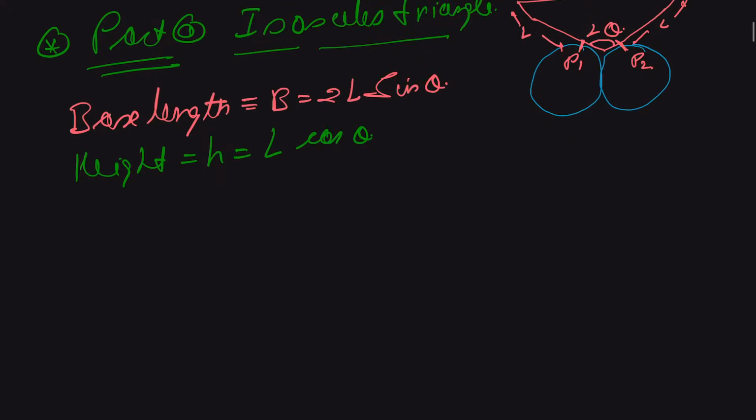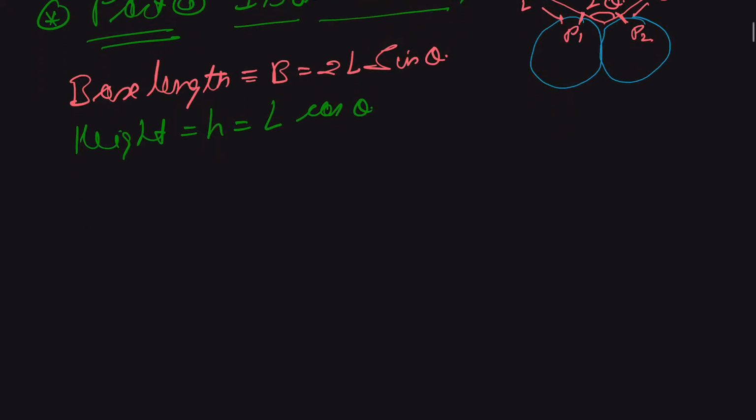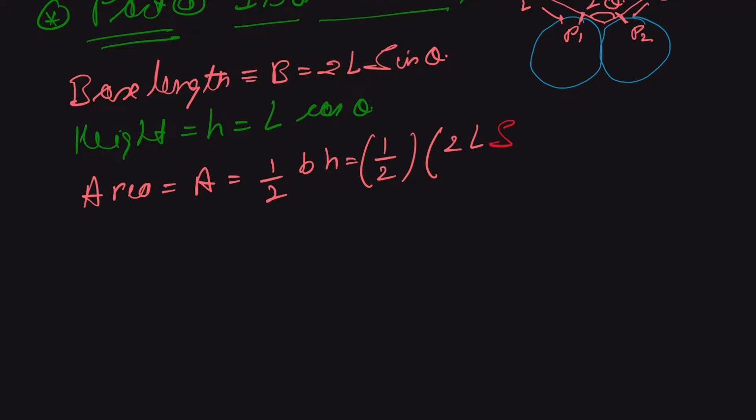And now we can easily calculate the area of the triangle. So the area A will be equal to half base into height, and this comes as half 2L sine of theta and L cos of theta.